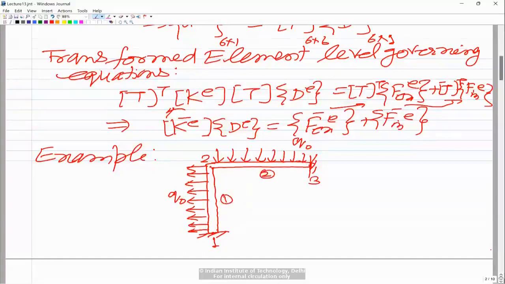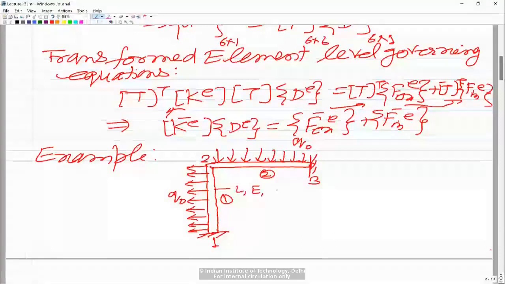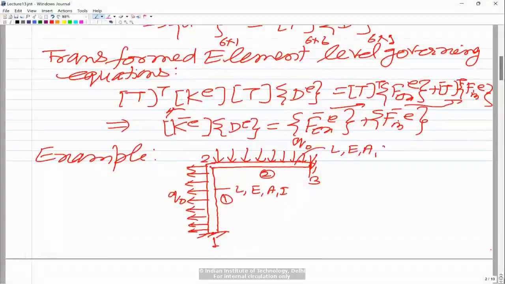The properties of both members are: length L, Young's modulus E, cross sectional area A, and second moment of area I. Both the members are identical. So now the coordinate system.